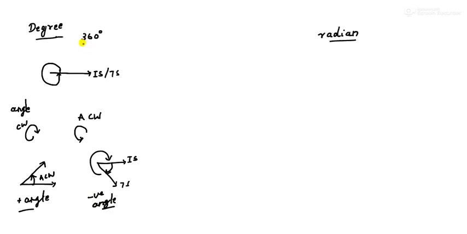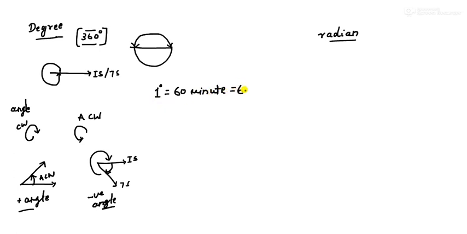The total angle will be how much? 360 if we complete one rotation, whether it is clockwise or anti-clockwise. One complete rotation will give 360 degrees. And you have to remember, 1 degree has 60 minutes. 1 degree of rotation means 60 minutes of rotation, and it is represented by this sign, a single line.